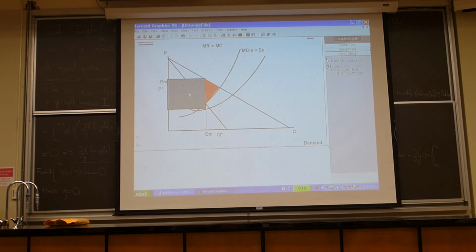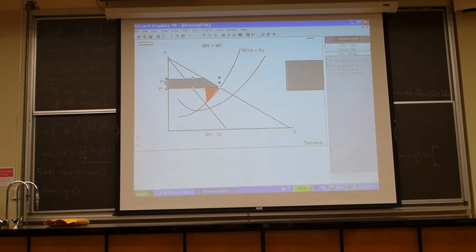One thing I just want to show you, get this out of the way, is you'll notice, by the way, if I drew the loss in consumer surplus due to monopoly, it would be this area here. Do you agree? Above the price line for competition, between the price line for competition, the price line for monopoly. This is the consumer surplus loss due to monopoly.